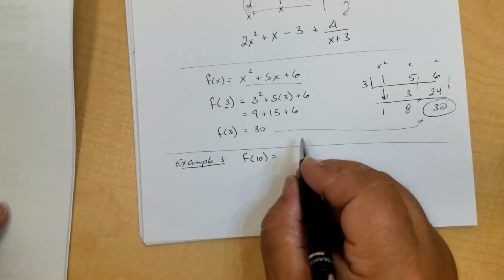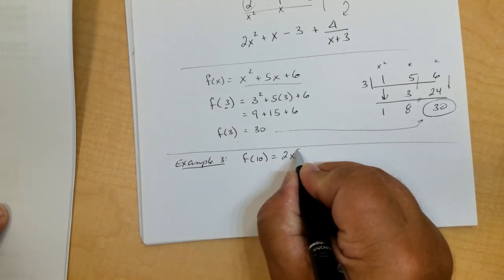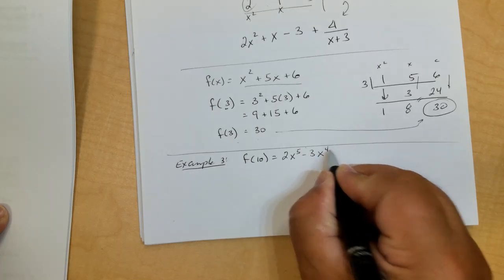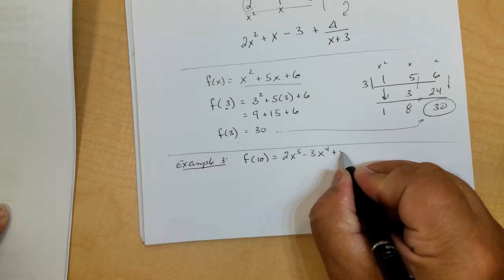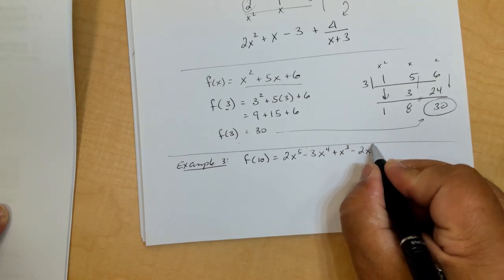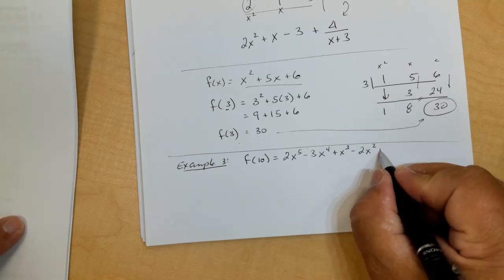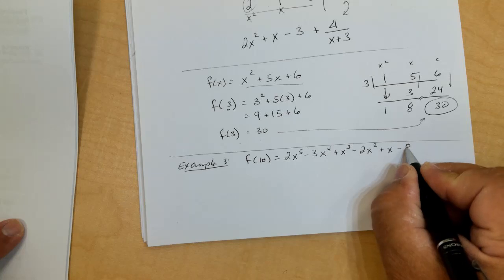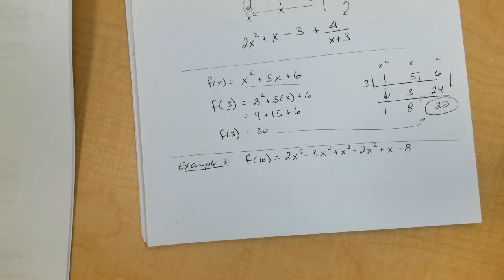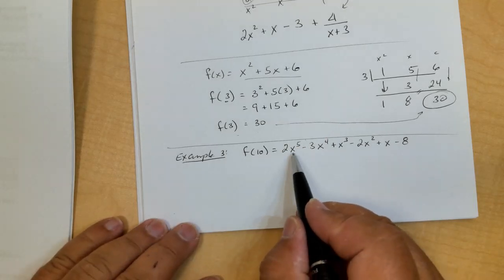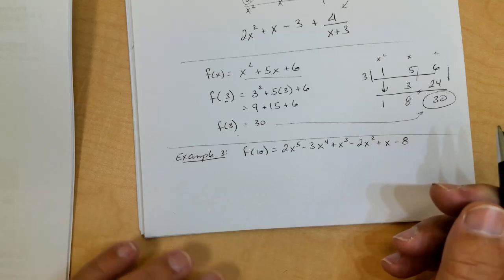Find f of 10 for 2x to the 5th, minus 3x to the 4th, plus x cubed, minus 2x squared, plus x, minus 8. Traditionally, you'd have to plug in 10 to the 5th, and that's a lot of work.